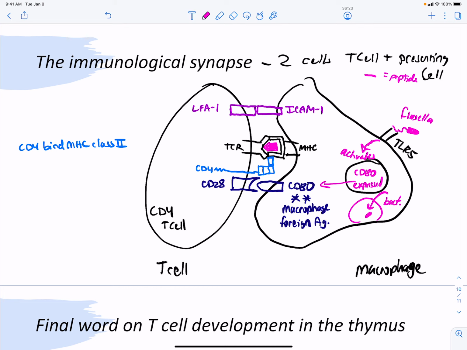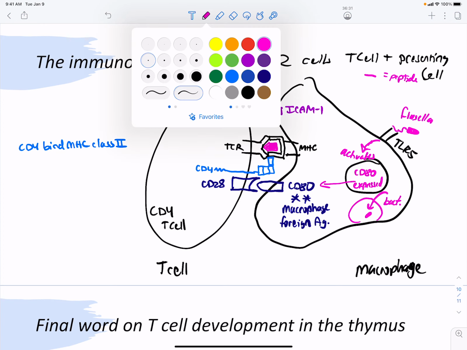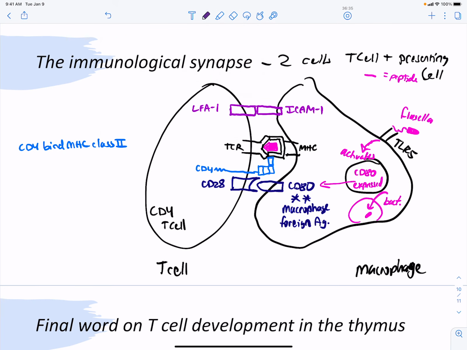I'm telling you by CD80 that you need to turn yourself on and start working. And so in order to turn itself on and start working, the TCR has to be associated with CD3, and then CD3 will send the signal to activate your T cell.